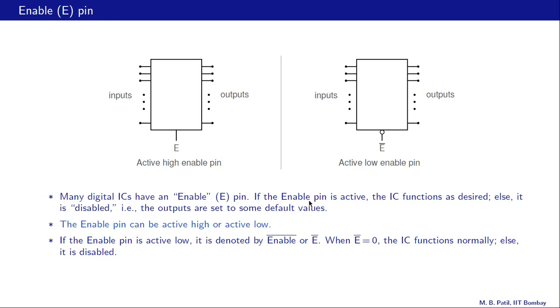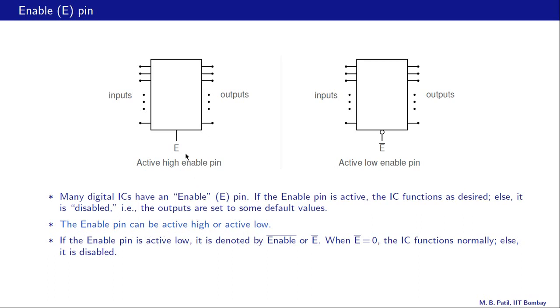If the enable pin is low, then the IC is disabled. That means the outputs are set to some default values. So in order to make the IC work as desired, we need to make the enable pin active. The enable pin can be active high or active low.